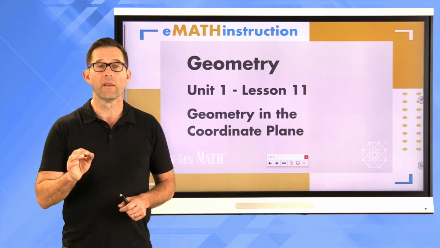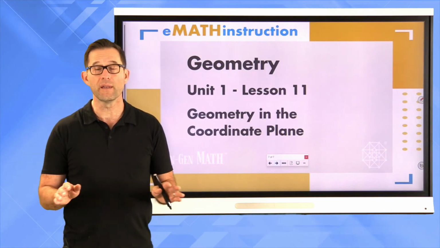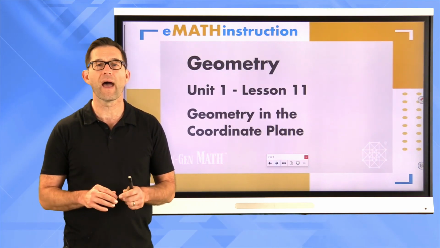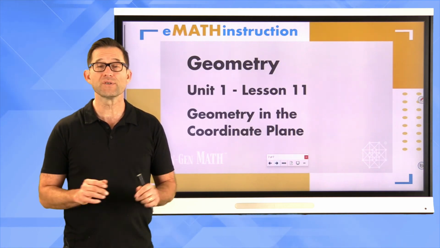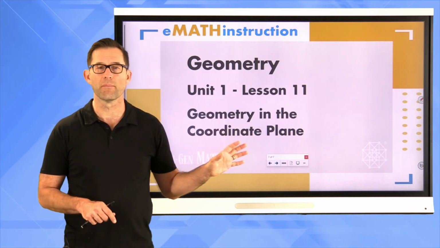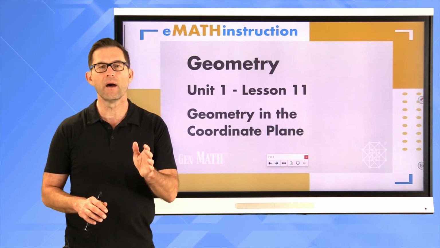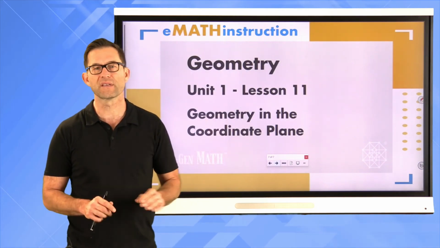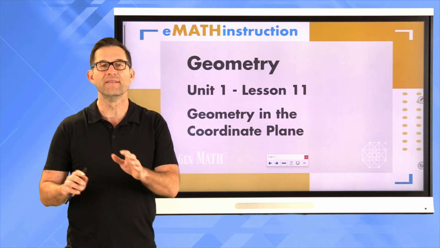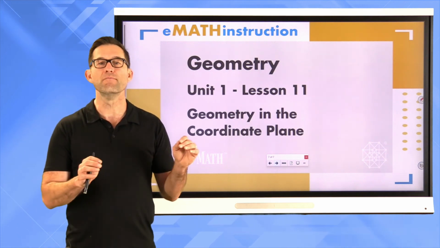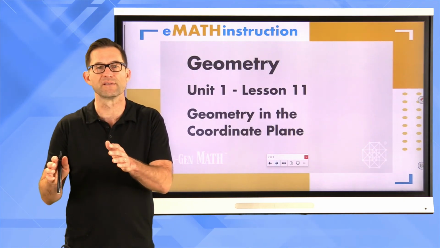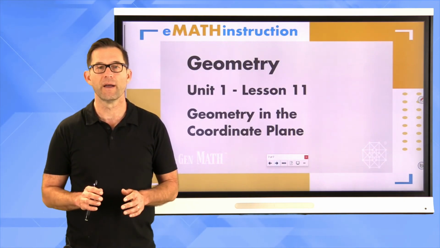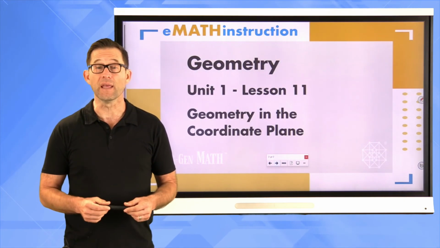We're going to do a lot of geometry both in the Euclidean plane, and that's where all we maybe have are lengths and angles and things like that. And we're also going to be doing a lot of geometry in the coordinate plane where we have solid numbers about where points are, and that's going to allow us to calculate things like distances between points and midpoints and slopes, and we're going to be able to get into parallelism and perpendicularity.